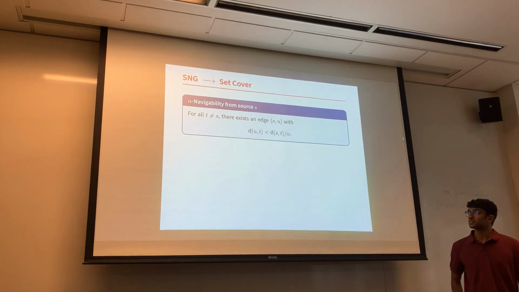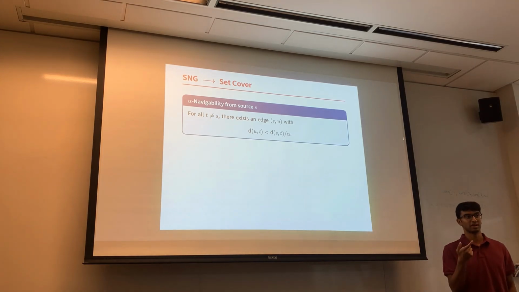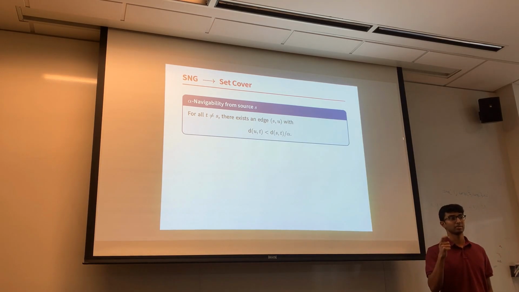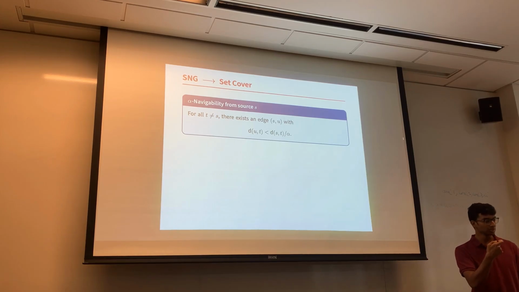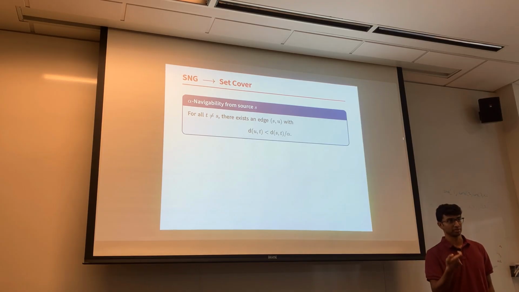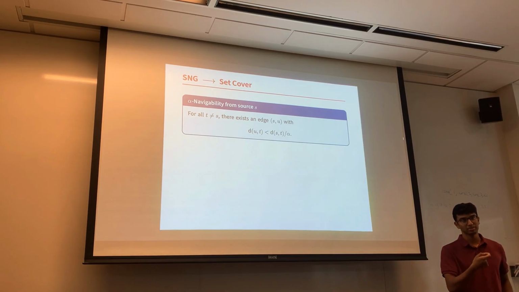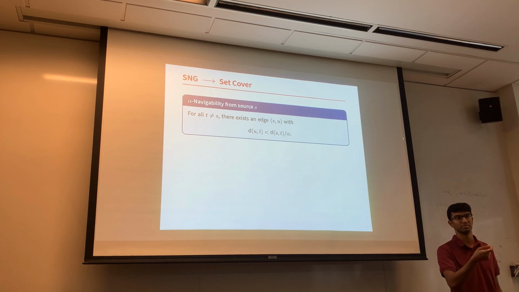To see this connection between sparse navigable graphs and set cover, I want you to think about this alpha navigability condition, but from a single source vertex S. From the vantage point of a single source vertex, alpha navigability means that for any target, there's an outgoing edge from S that moves us closer by a factor alpha.